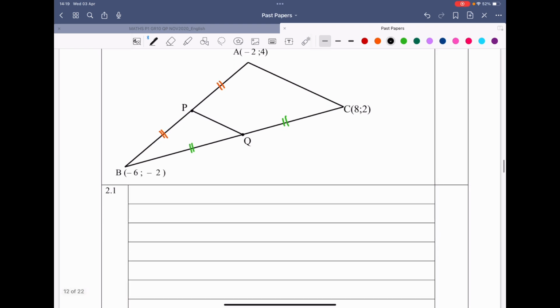So starting with P, I know that P is the midpoint of AB, which means that it's halfway between the x coordinates of A and B, and it's halfway between the y coordinates of A and B.